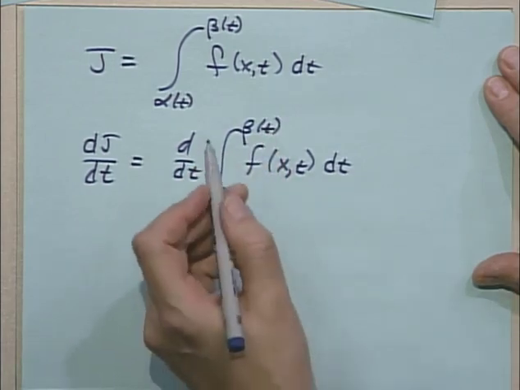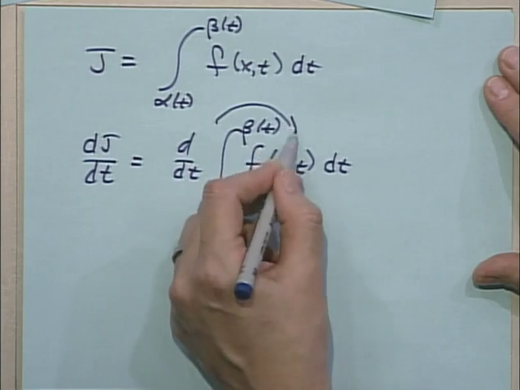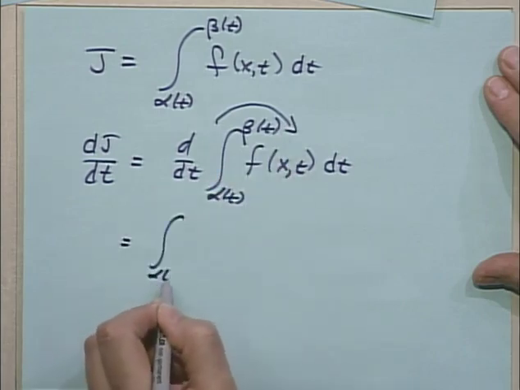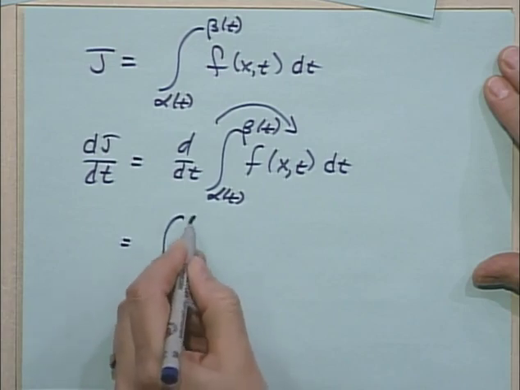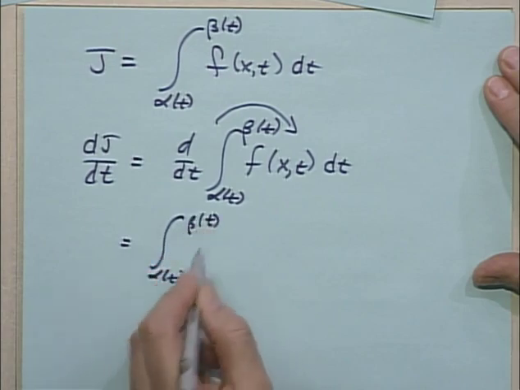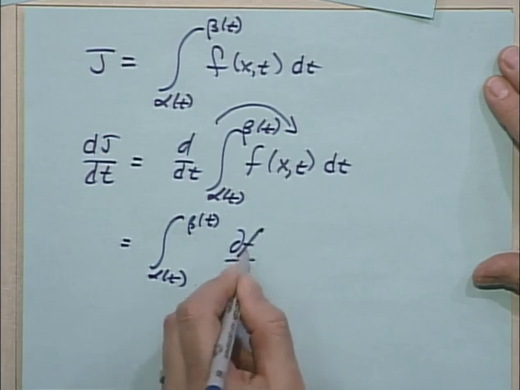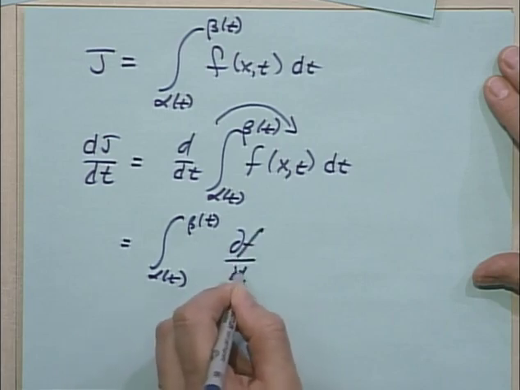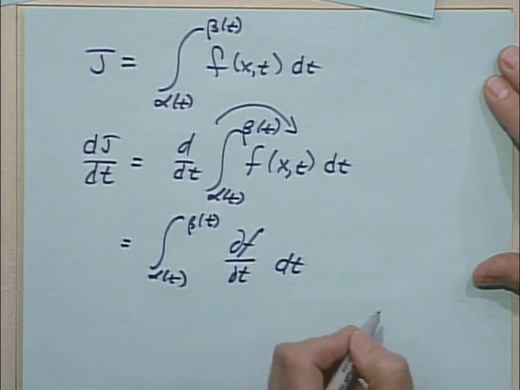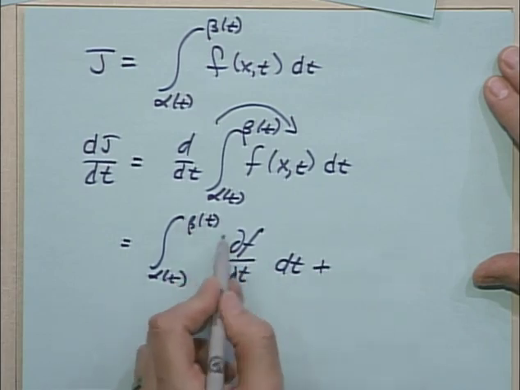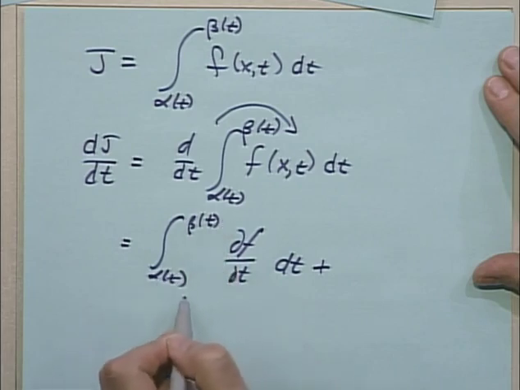Now, it may seem logical to bring this inside again, and that's only partially correct, because there's an effect of the moving limits on the ends. So this is equal to, by Leibniz rule, the integral of the partial derivative of f with respect to t, dx, plus something to do with the upper term and something to do with the lower term.